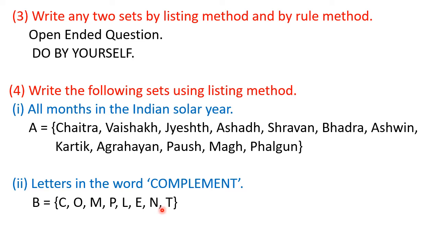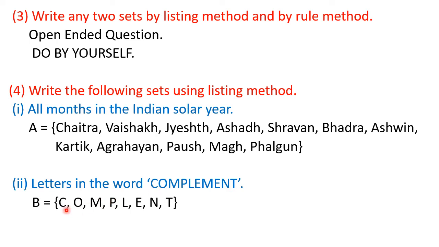Okay. So here what we can observe is when we write down the letters in the word, then the set may not contain the same number of letters as there are in the word, because certain letters are repeated and we are not writing them. Okay. So here the word complement is having 1, 2, 3, 4, 5, 6, 7, 8, 9 and 10 letters.